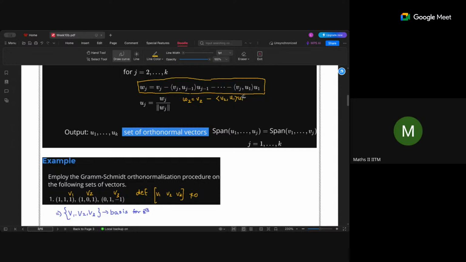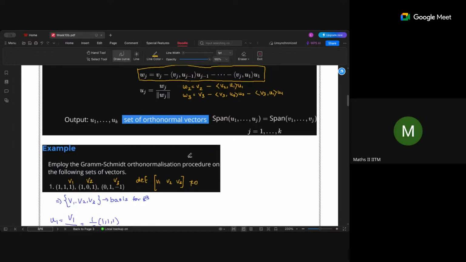So it stops with u1 for v2. And what is w3? It is v3 minus inner product of v3 comma u2 into u2 minus inner product of v3 comma u1 into u1.